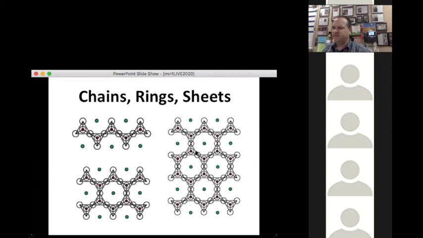And if we take a ring and we put it with another ring and another ring and another ring, we get a sheet, like sheets of paper. Chain, ring, sheet, all tetrahedrons.